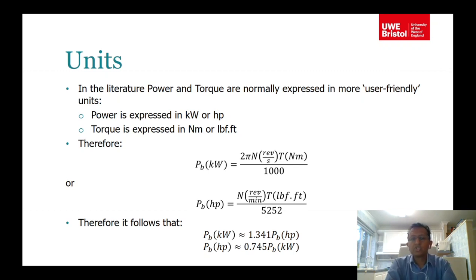Therefore, the brake power P_B in kilowatts would be 2 pi N T over 1000. So in kilowatts it's 2 pi N T over 1000. This is the conversion unit for pound feet, but it's just for the sake of completion, as we are using standard units in kilowatts.